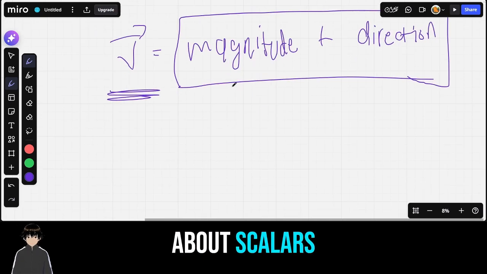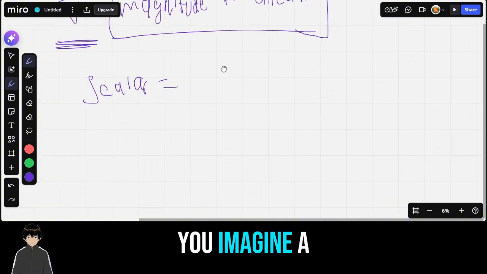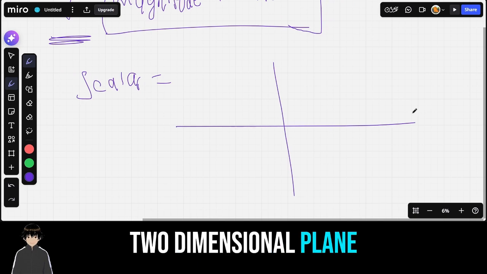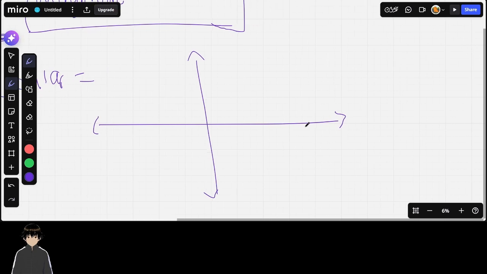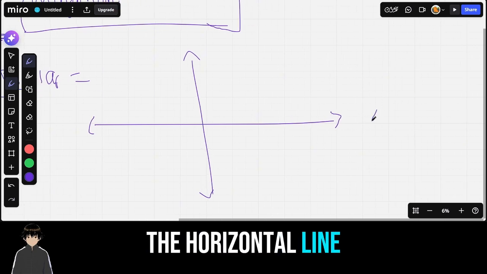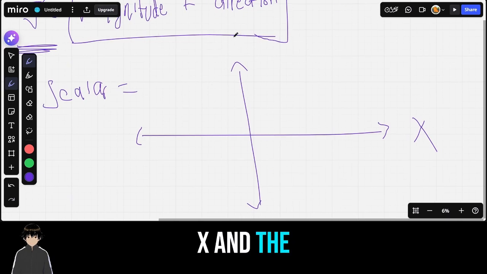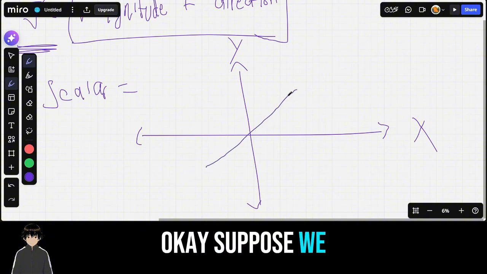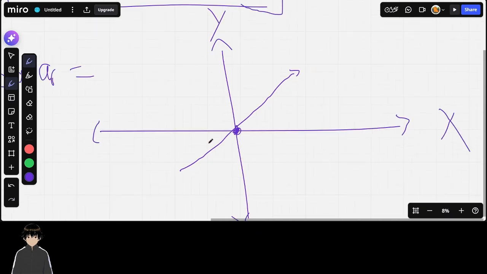Now let's talk about scalars, okay? If you imagine a two-dimensional plane wherein we have the horizontal arrow, let's say it's x, and the vertical arrow, which is y. Suppose we have a vector that goes through the origin point, which is the center.